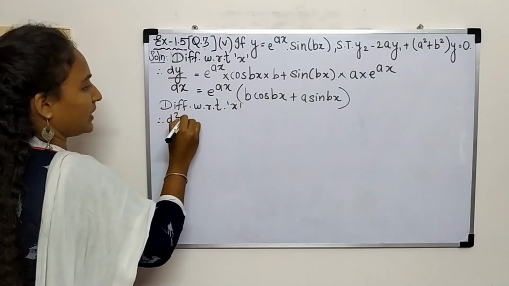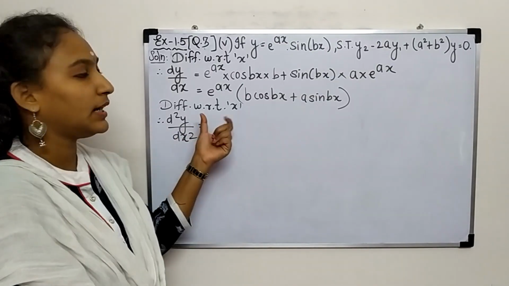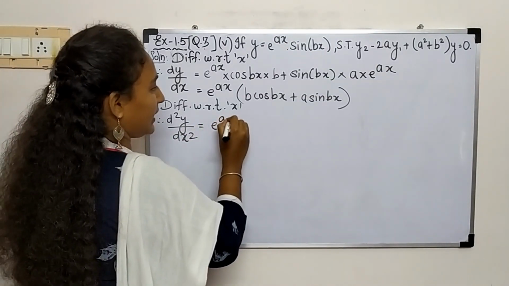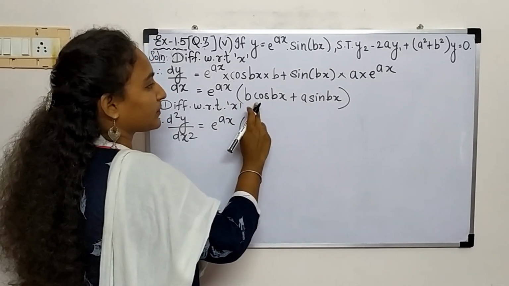Therefore d square y upon dx square is equal to, again we are going to use u into v rule, e power ax into, this will be b square.